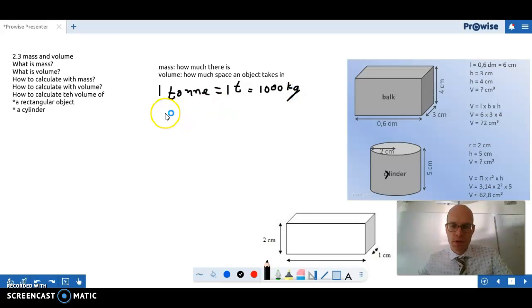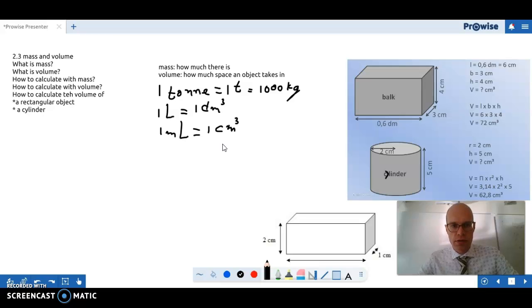And the other thing is 1 liter is equal to 1 cubic decimeter, and 1 milliliter is equal to 1 cubic centimeter. And then if you need to calculate other things, we simply use these.